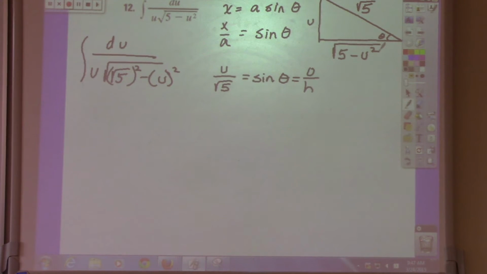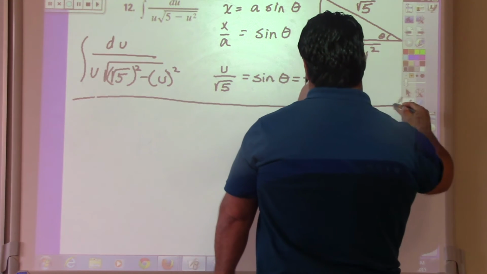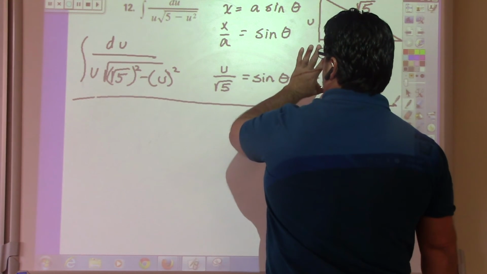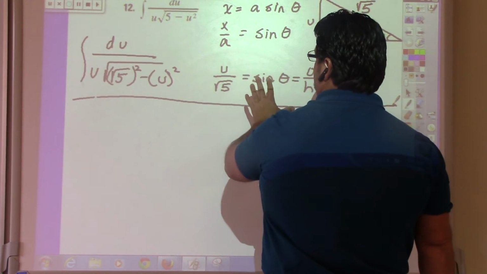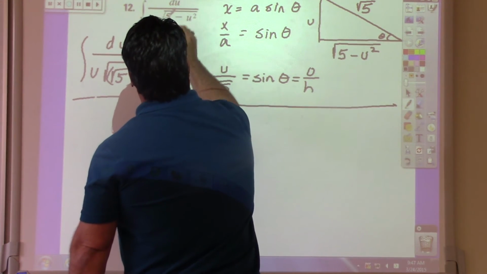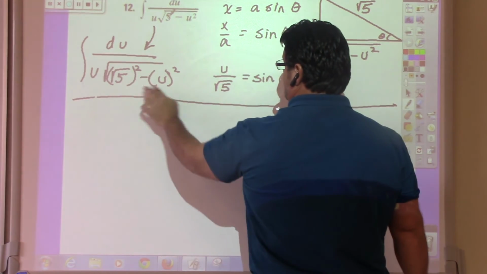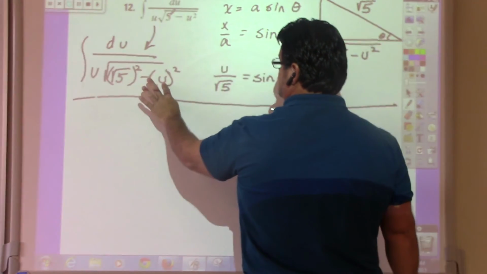Okay, now that information right here is nothing really new. Everything above here is pretty much simple. First thing I did is I rewrote this, and then I got my a and my x.